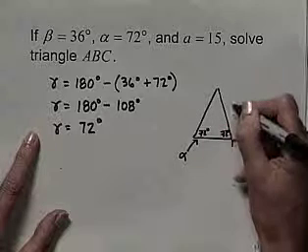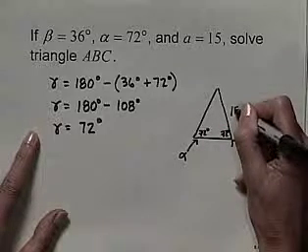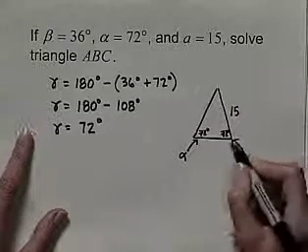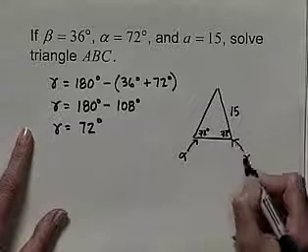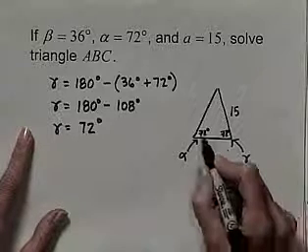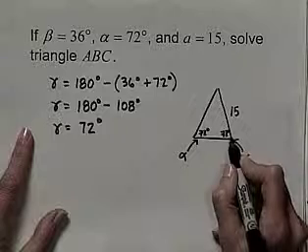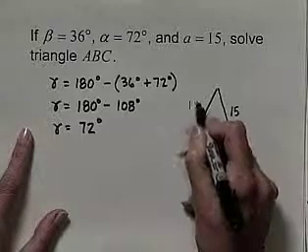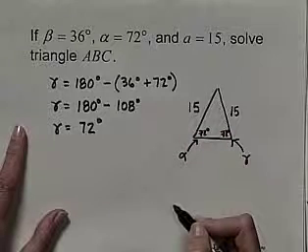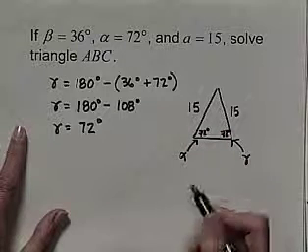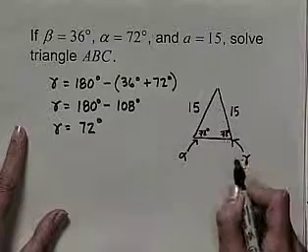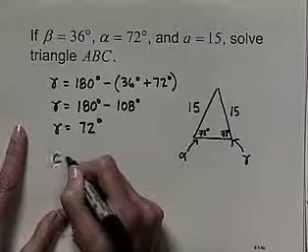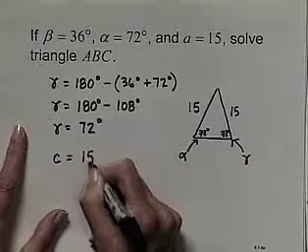We know the side opposite alpha is 15, and because we know some information about isosceles triangles, the sides opposite these equal angles will be the same. We can actually say now that this other side must be 15 also. So C has to equal 15.